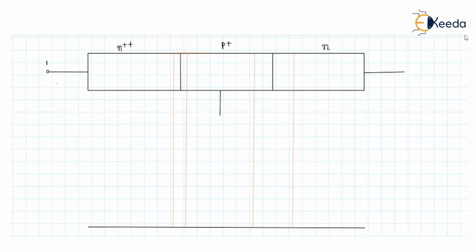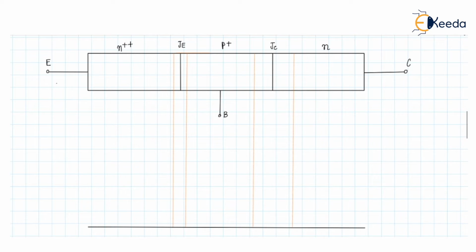This is the emitter, this is our base, and this is the collector. This is the JC junction, and this is the JE junction.